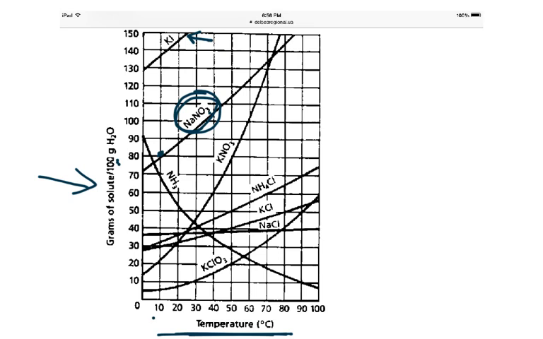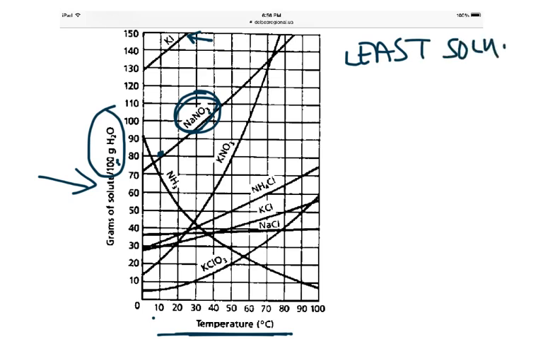So other things you've got to be able to do besides just flat out reading it is you've got to be able to identify trends. Don't let this per 100 grams of water mess you up. The per 100 grams of water is just what's on this graph. We'll get more of that in a second. But you might be asked, what is the least or most soluble at a given temperature? For example, what substance is the most soluble at 10 degrees?